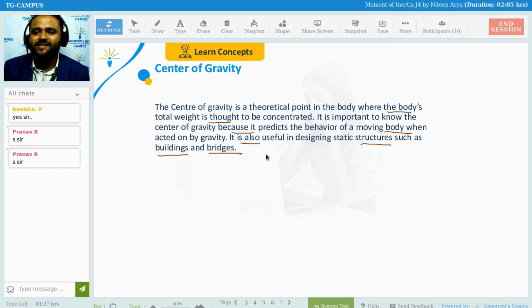Clear? There is a saying that army, navy, or any military or defense personnel do not march or parade on a bridge. Why so? That is not related to the center of gravity, that is related to frequency. The bridge is in the air and each particle vibrates at its own frequency.